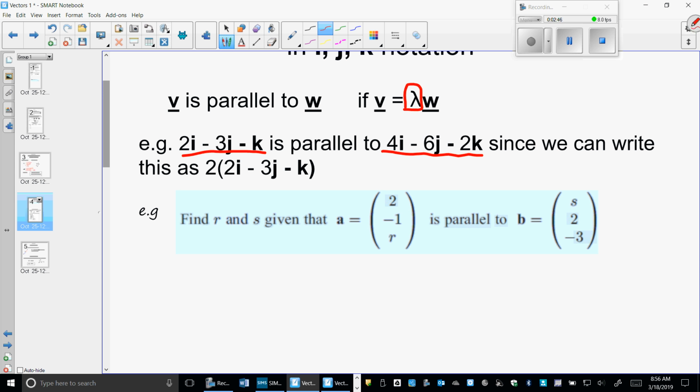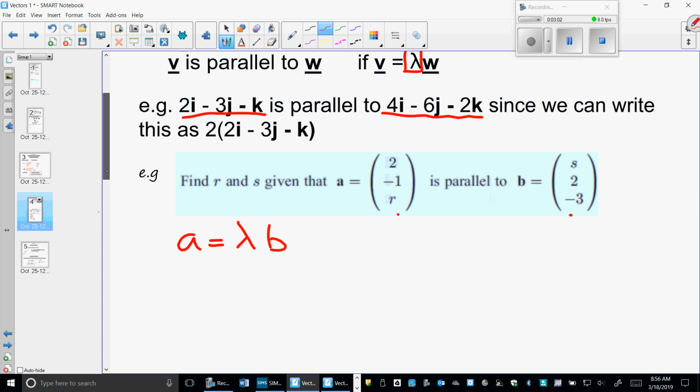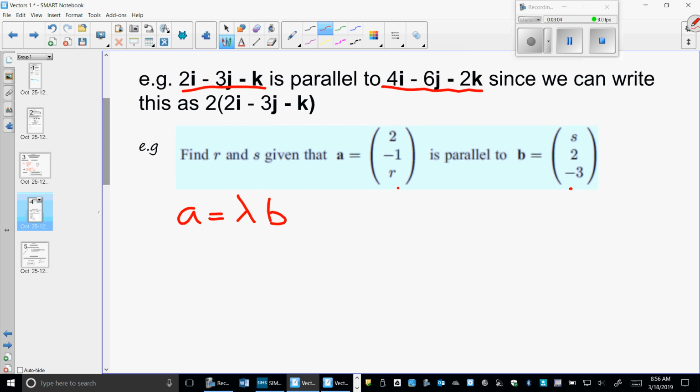Another example. They've said find R and S given that A is parallel to B. So we know that these two are parallel to each other. So A is equal to something multiplied by B. Obviously, you can write it the other way around.